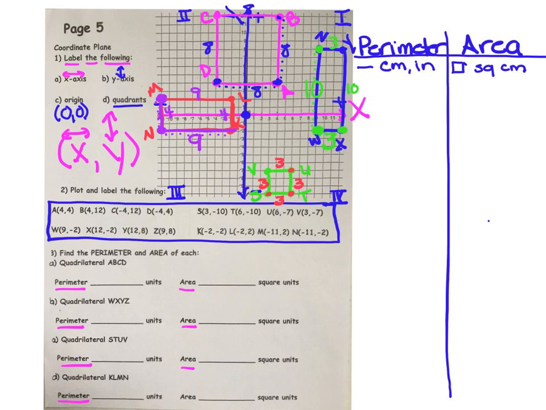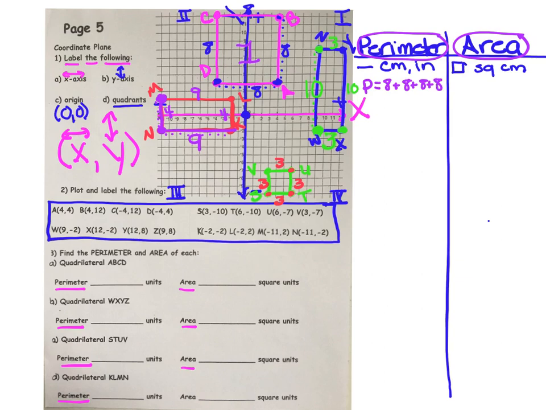Now we're ready to calculate the perimeter and the area of each. For the perimeter, you're going to add up the sides. So take the first figure, ABCD, and in the work area, you will add 8 plus 8 plus 8 plus 8.